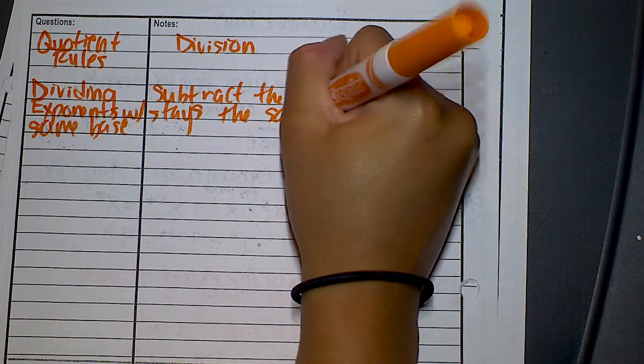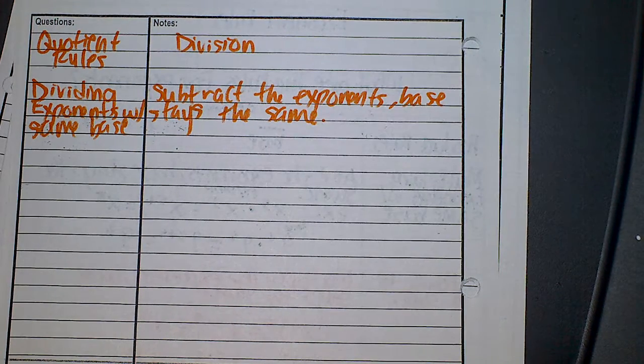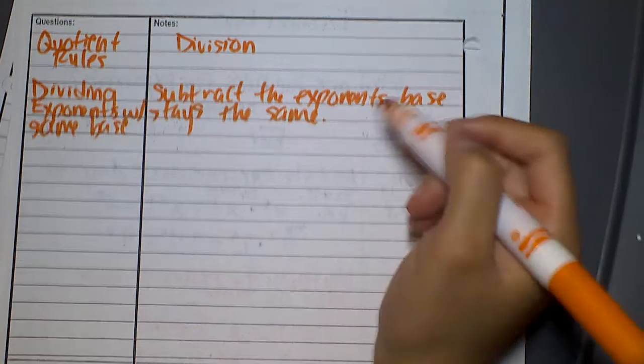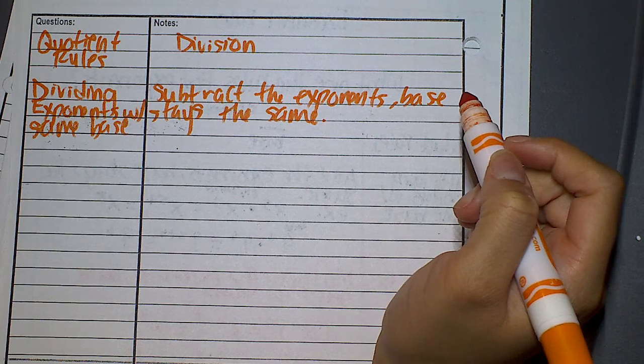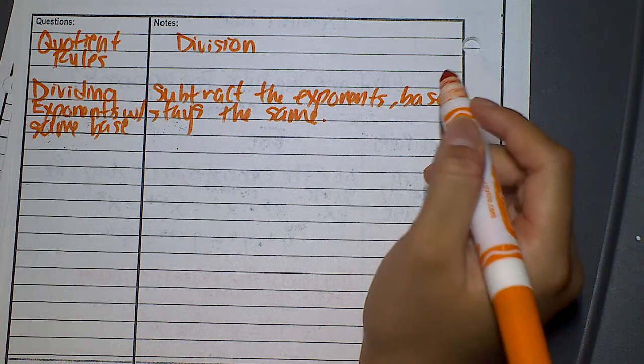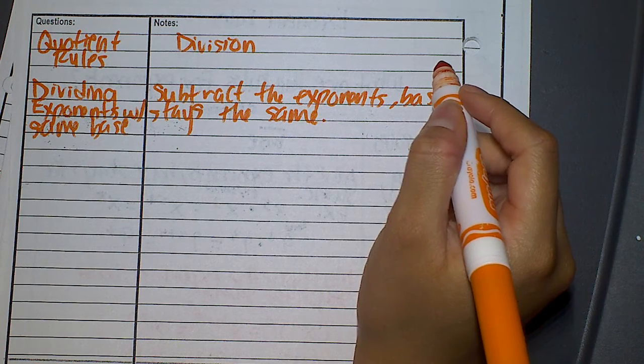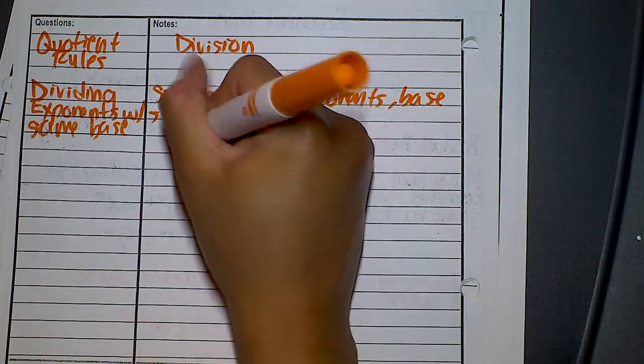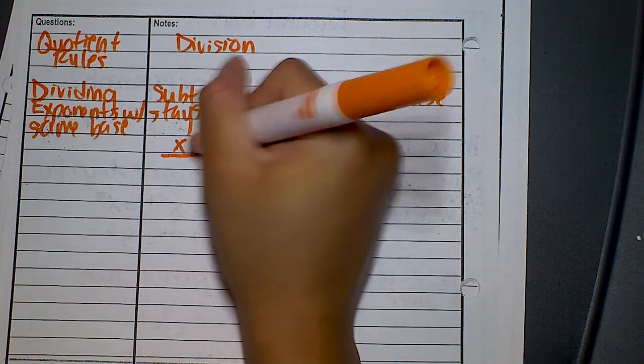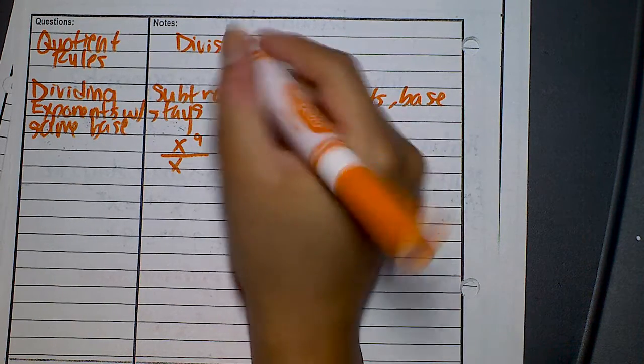Remember, in all of these, you're dealing with bases that are staying the same. This does not work if the bases are different. So for this situation, let's say, for instance, you have x to the 9th divided by x to the 4th.